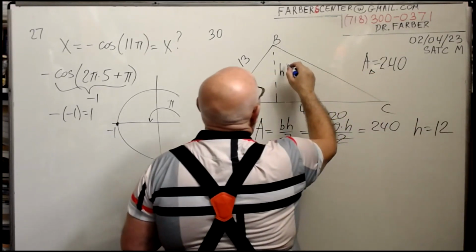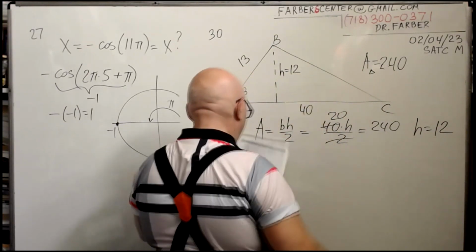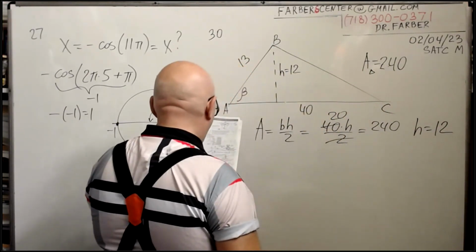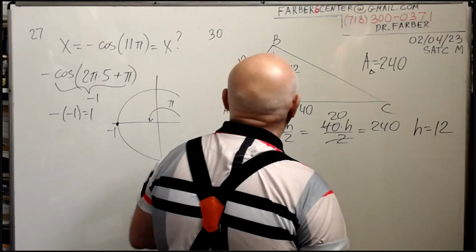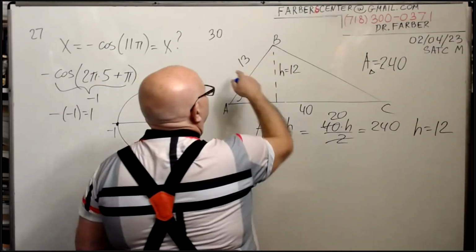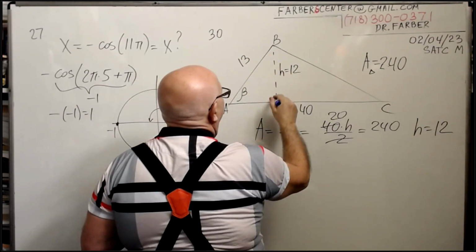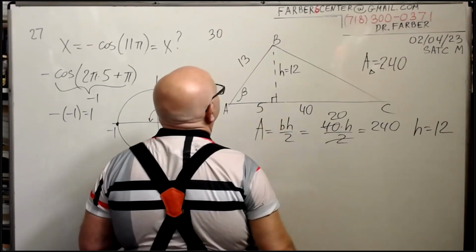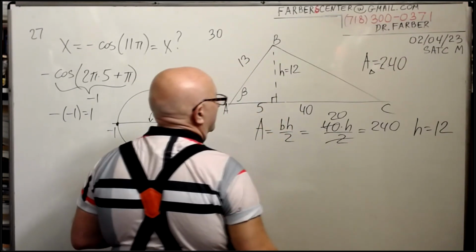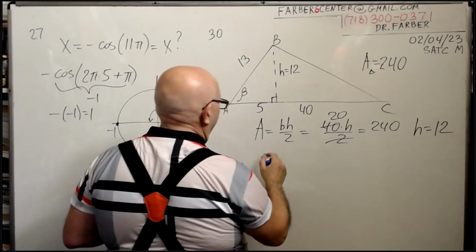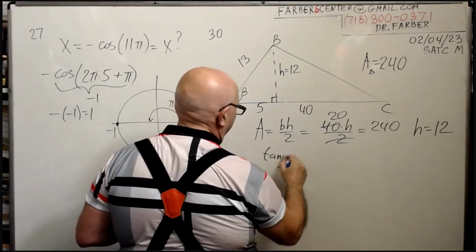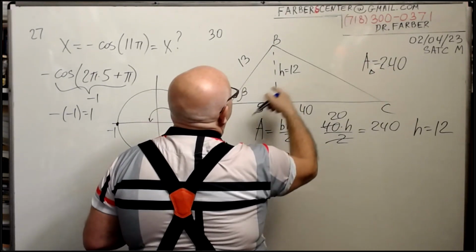So this is 12. And they ask you to find the tangent of beta. If this is 13 and 12, this must be 5, Pythagorean triples. And the tangent of beta is opposite to adjacent.